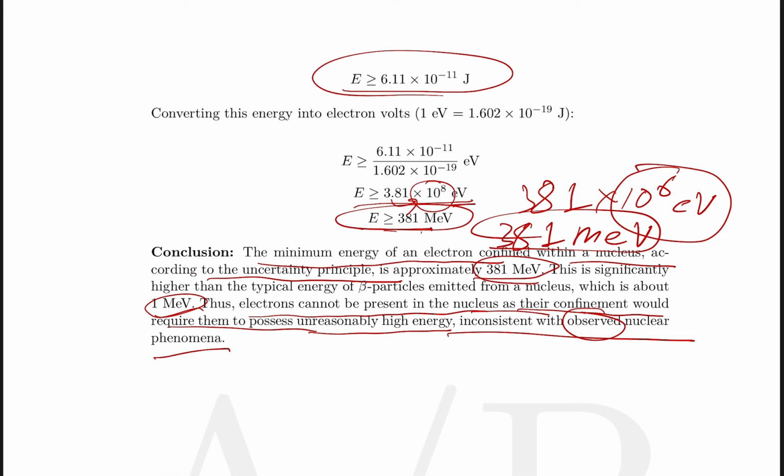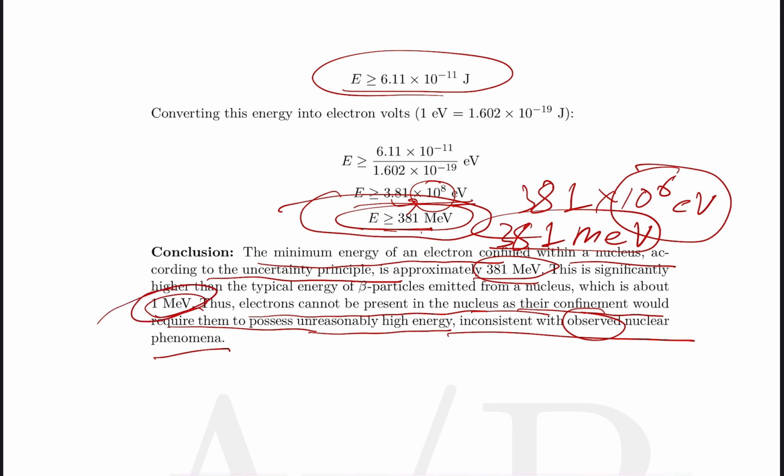I hope you are getting the point. The mathematical value of the energy for an electron to reside inside a nucleus comes out to be 381 mega electron volt, but during a beta particle emission, the particle emitted from inside a nucleus has an energy of 1 mega electron volt.